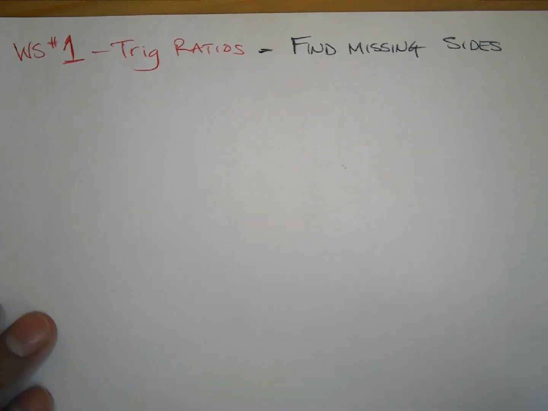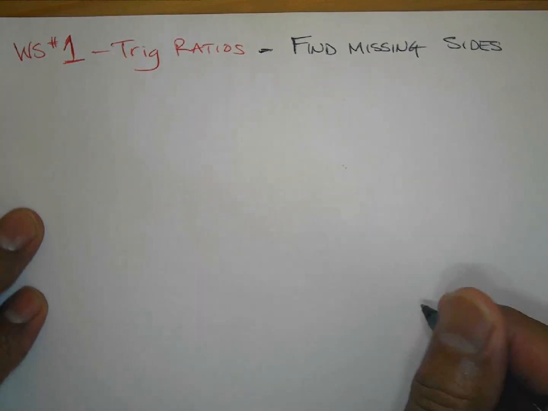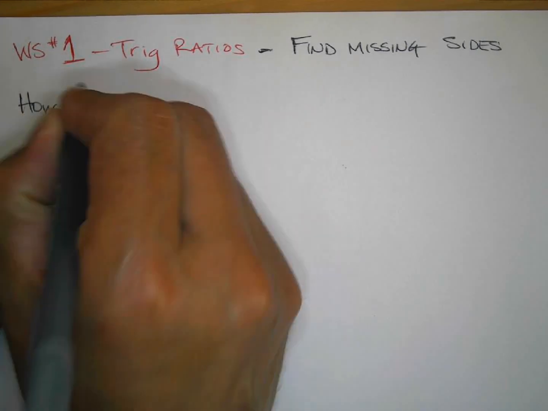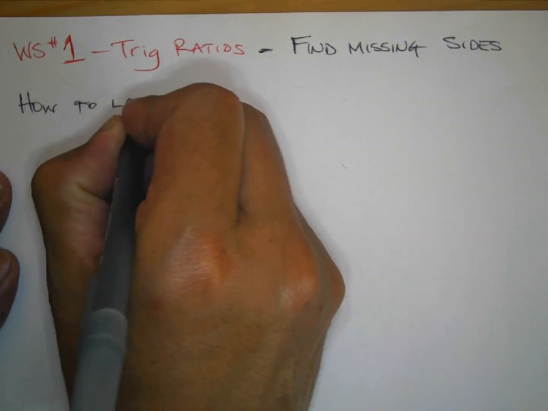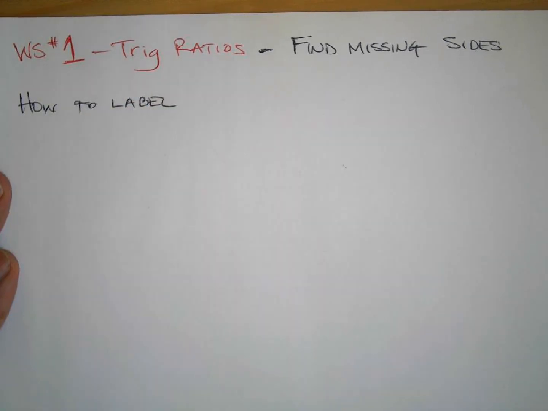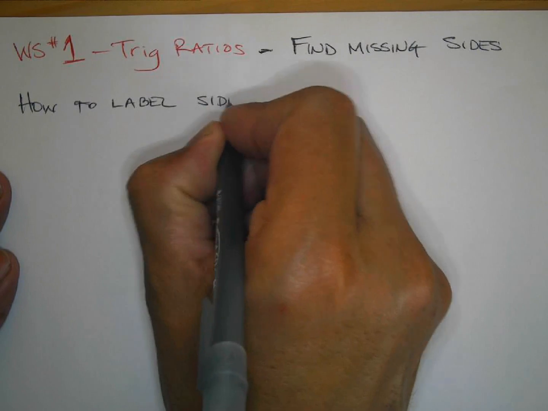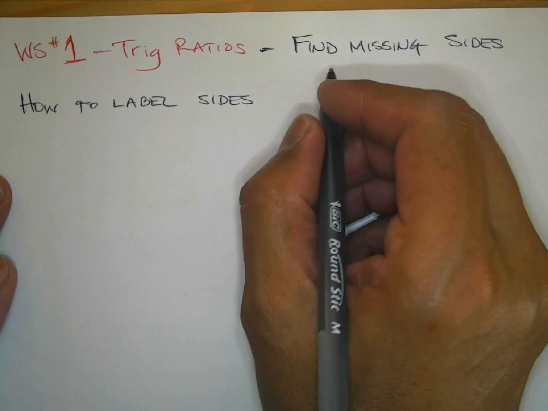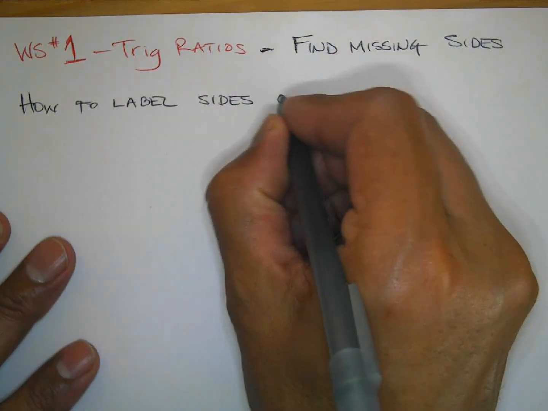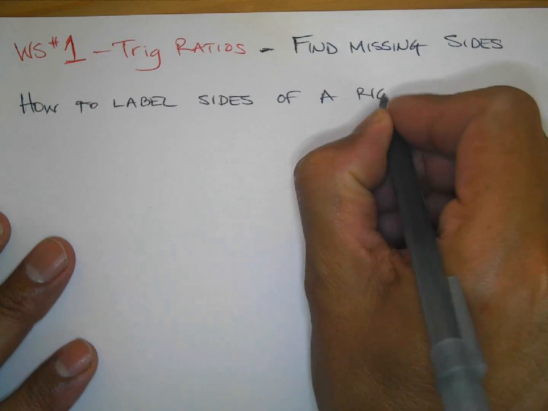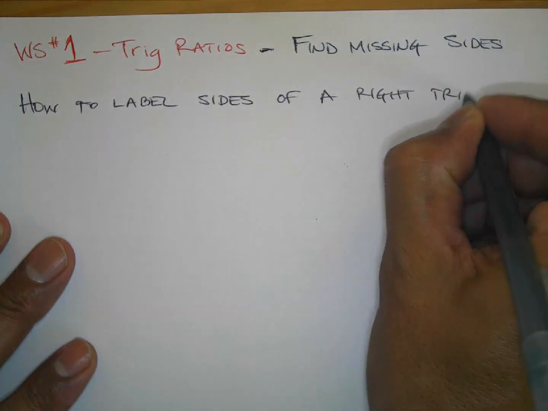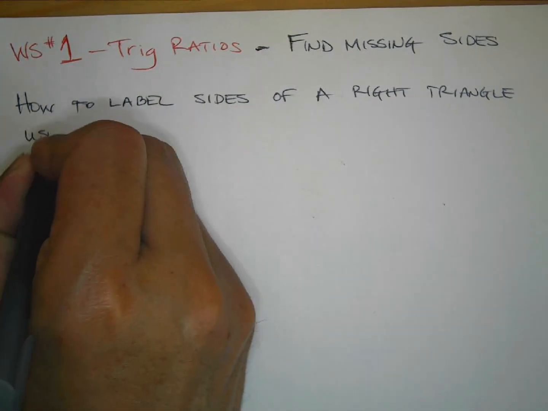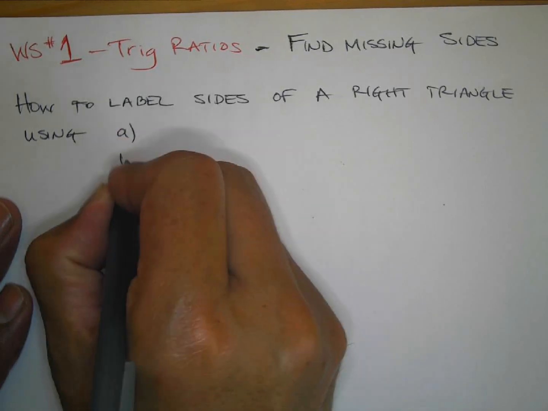So this introduction, you will have how to label sides of a right triangle, right? These trig ratios can only be applied on right triangles. How to label sides of a right triangle using AB.